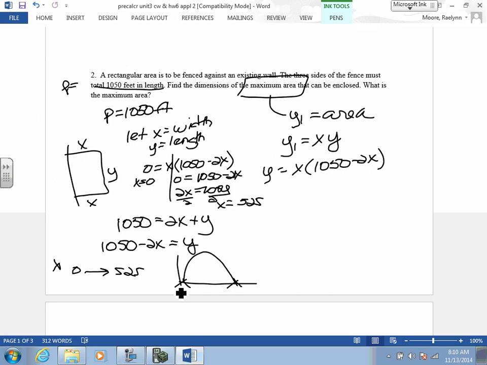So let's put this in your calculator, and let's give this a shot that we can make your x go from 0 to, say, 600. And your perimeter is 1050, and your area is multiplying. So which one's going to be larger, area or perimeter? Perimeter. Now, here's another easy way.